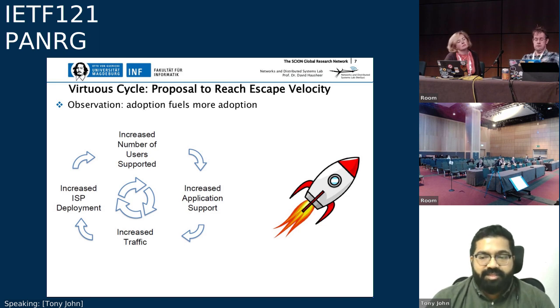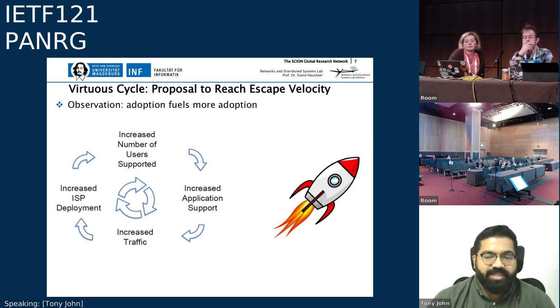This in turn reaches more users, leading to more applications adopting SCION, and the cycle continues. This, we hope, will help SCION reach escape velocity. And once it has reached escape velocity, SCION will be a third way to communicate in the global internet in addition to IPv6 and IPv4.